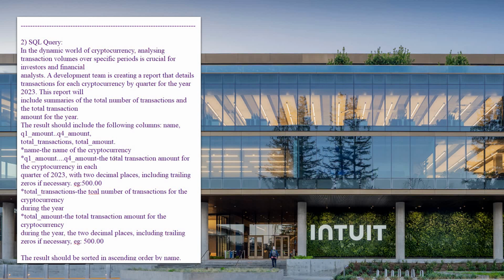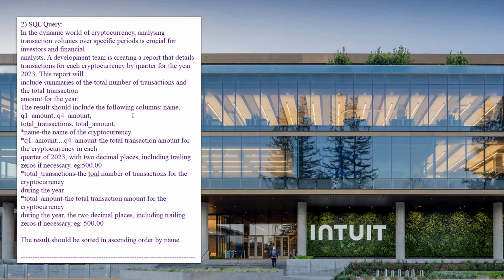This report should include summaries of the total number of transactions and the total transaction amount for the year. The result should include the following columns: the first column is name, which represents the name of the cryptocurrency.